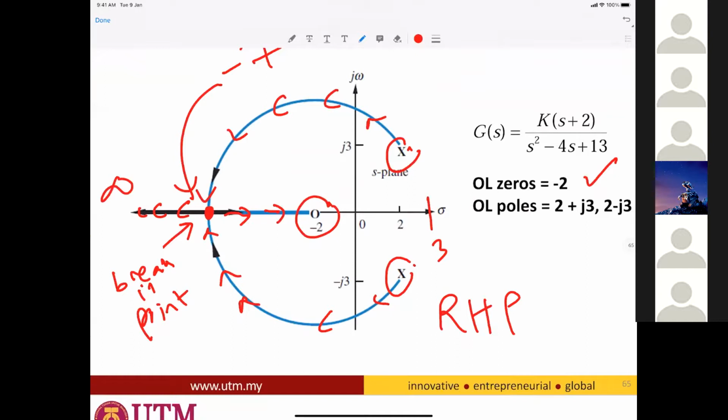Is it always going to be 180 degrees? Yeah, the formula is 180 degrees. So it won't be a multiple of 180, like 540? No, it's always 180. Okay, thank you. Angle of departure is due to the complex conjugate poles, and angle of arrival is due to the complex conjugate zeros.